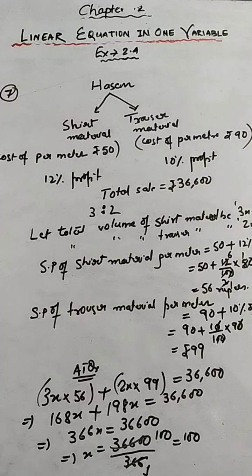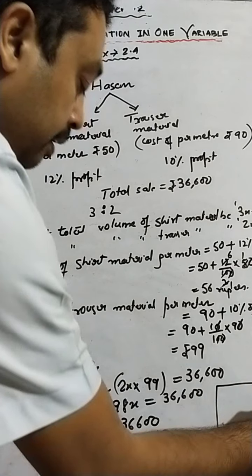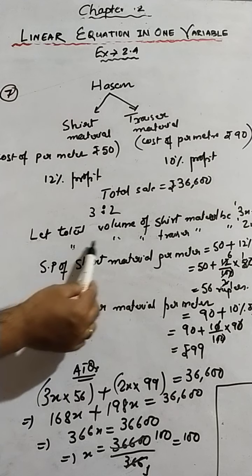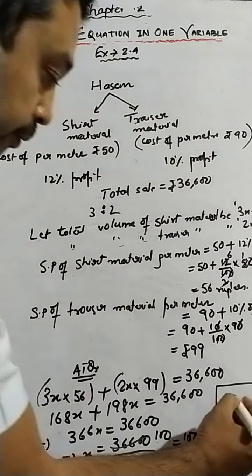Now what do we have to find out? You have to find out how much trouser material he bought, isn't it? So we'll do it here. What is the total volume of trouser material? It is 2x. So we have to multiply.